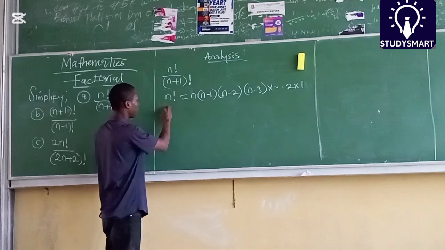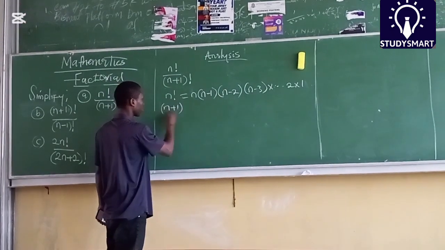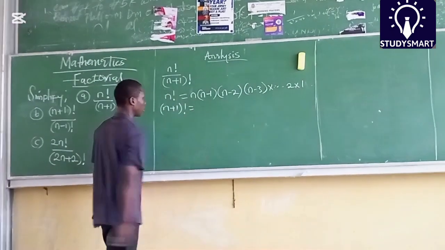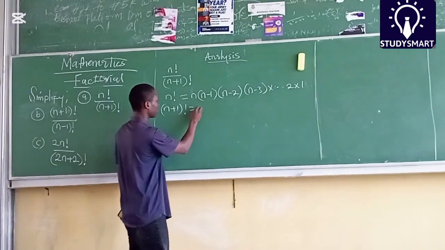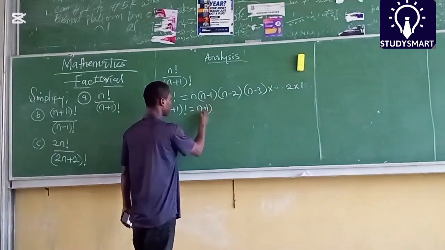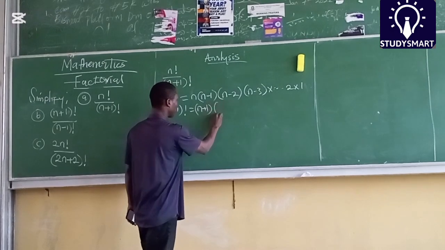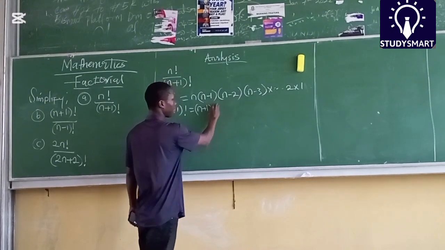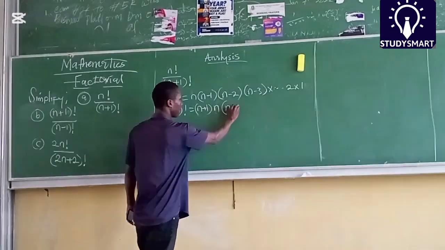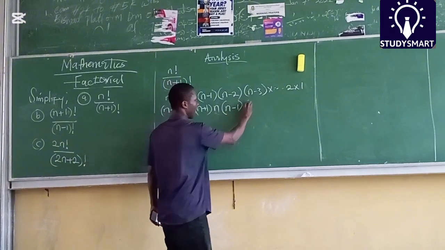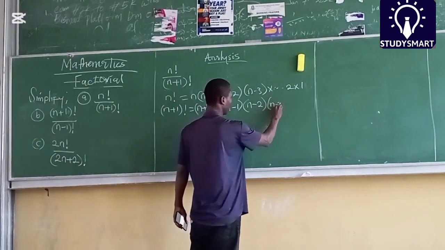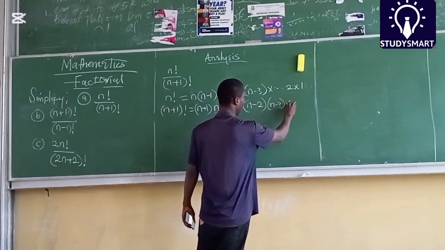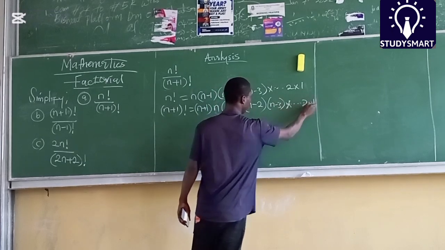The denominator will have n plus 1 factorial. So n plus 1 factorial means that I will have n plus 1, then n, and then n minus 1, n minus 2, n minus 3, multiplied down to 2 times 1.